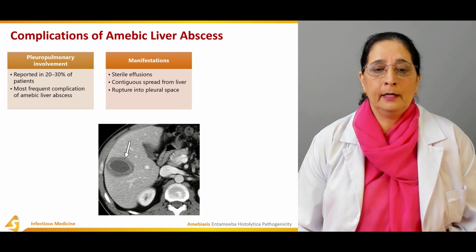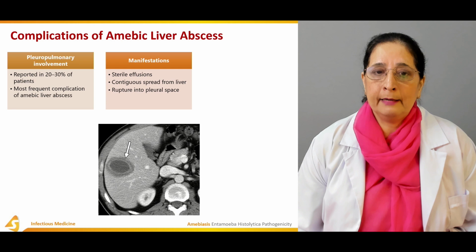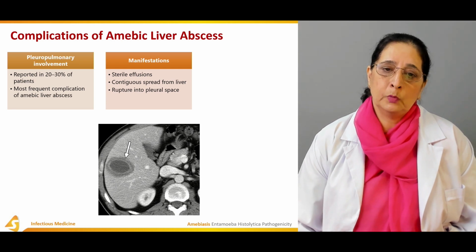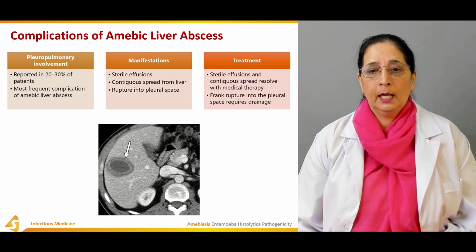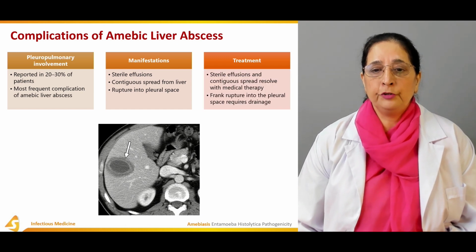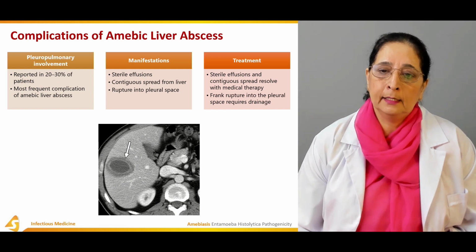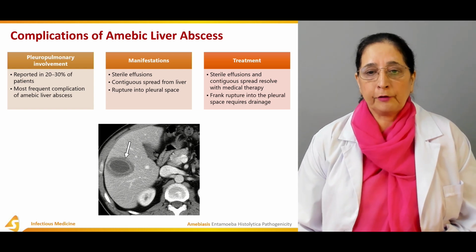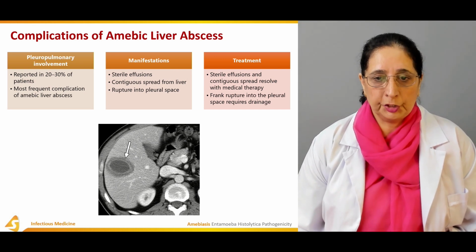Manifestations are sterile effusions, contiguous spread from the liver, and rupture into the pleural space. Treatment: sterile effusions and contiguous spread resolve with medical therapy. Frank rupture into the pleural space requires drainage.